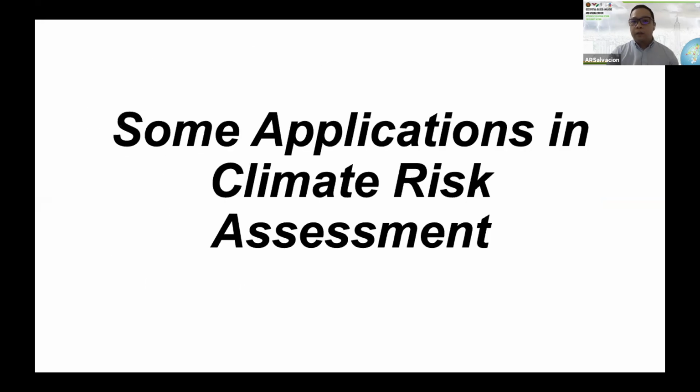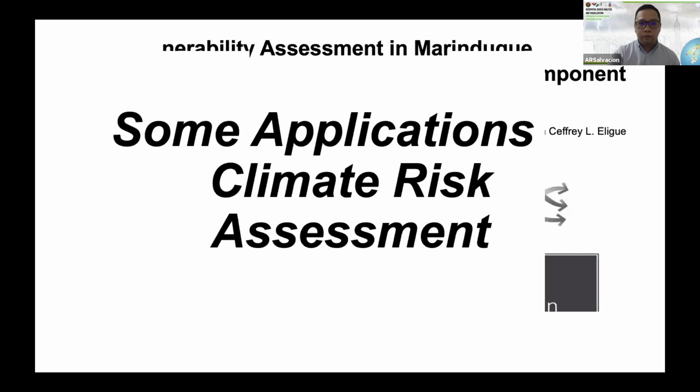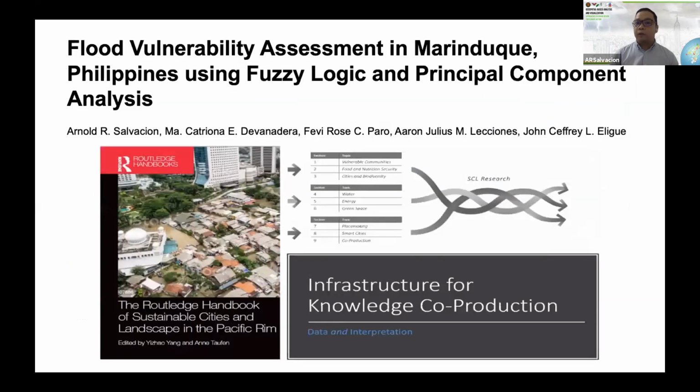Okay. So here are some applications I did using GIS for climate risk assessment. Hopefully this would be published by February next year, with one of your colleagues, my co-author.